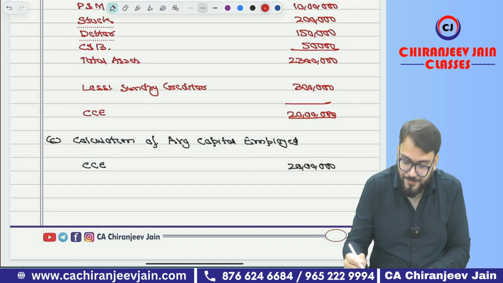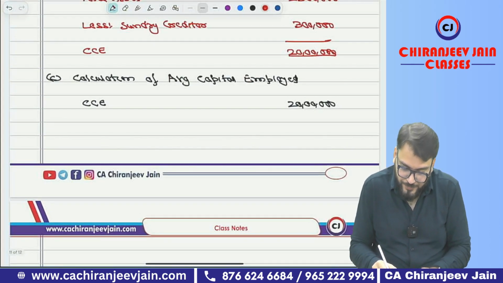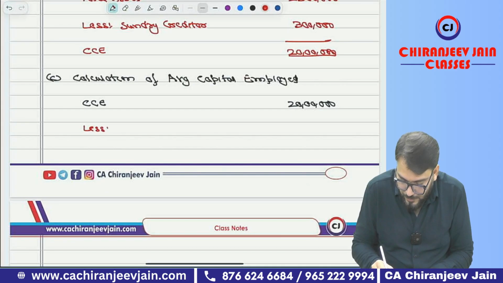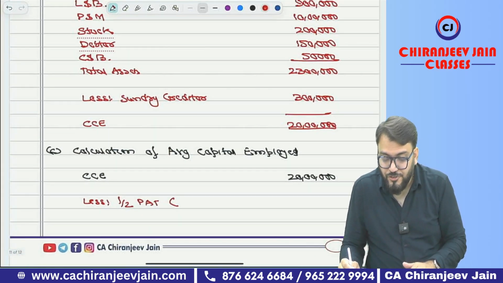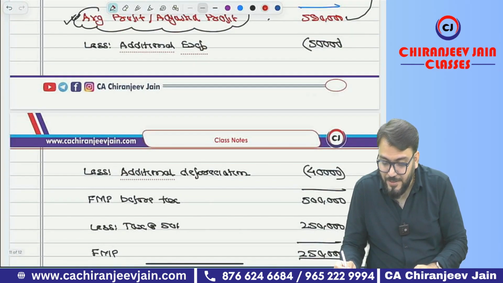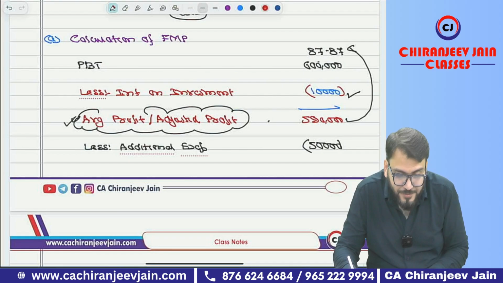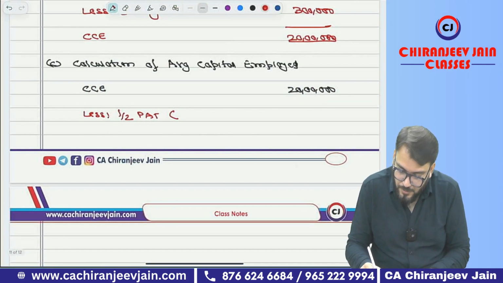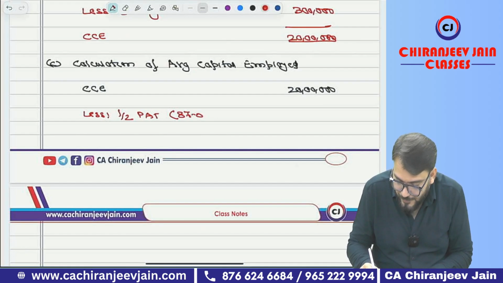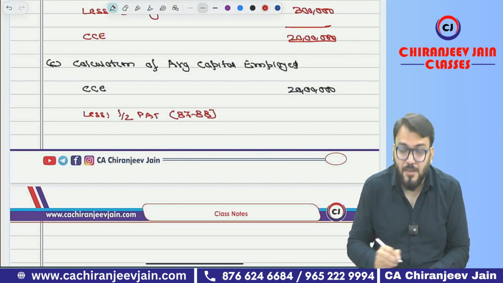From this, what do we deduct? Less half of PAT. Of which year? That is this year only, 87-88.